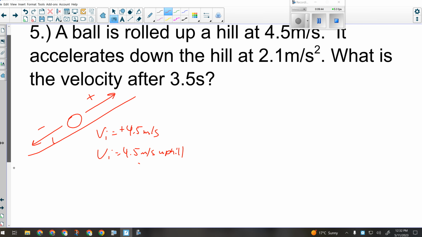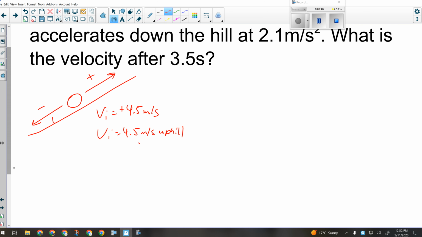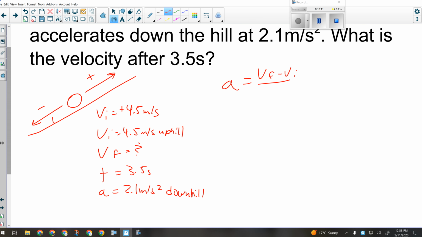All right, so VF is what we're looking for. We're looking for its velocity after 3.5 seconds, so that was a time. And they told me the acceleration was 2.1 meters per second squared downhill. So this is the formula I'm going to have to use, and I have to manipulate for VF.